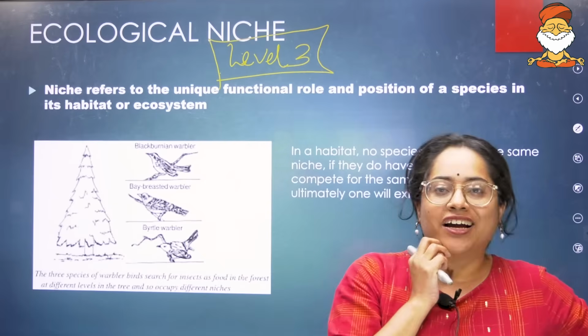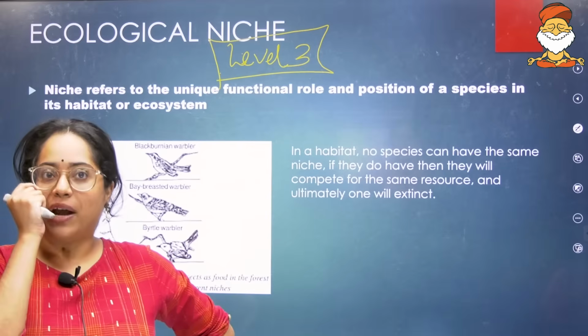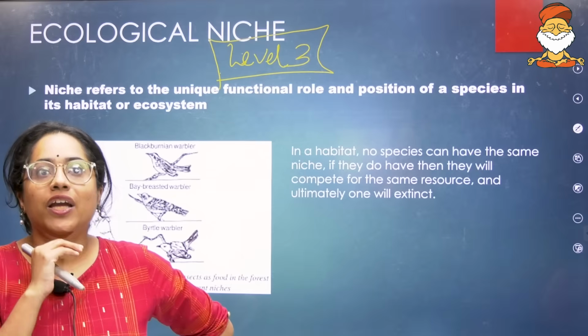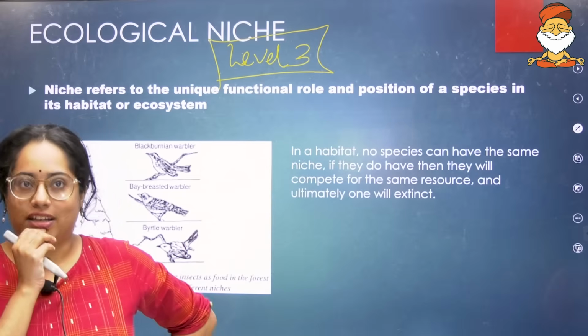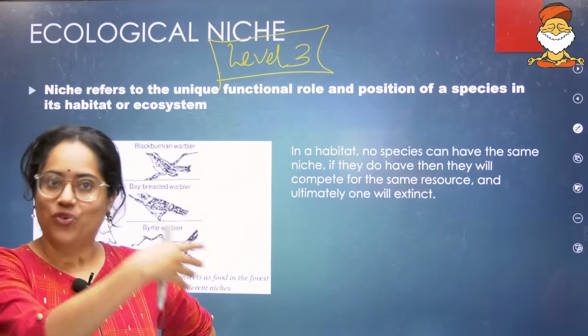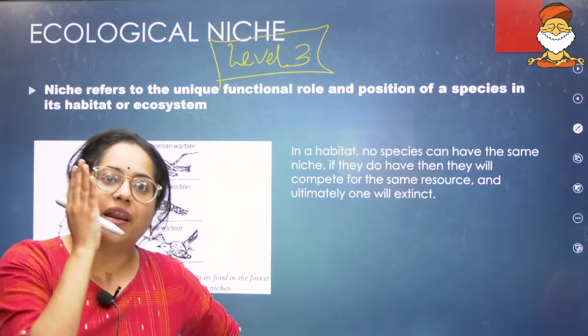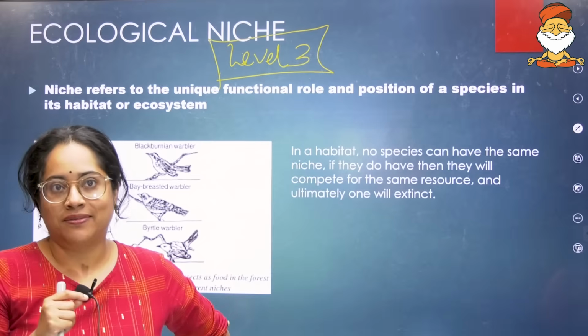Now, this is where you have to understand organisms cannot share that one particular work that is assigned to them. Why? Because if the work is to go and prey on a creature and that work is assigned to 5 different creatures and they all are going and preying on one, what is going to happen? The population of it is going to decline.